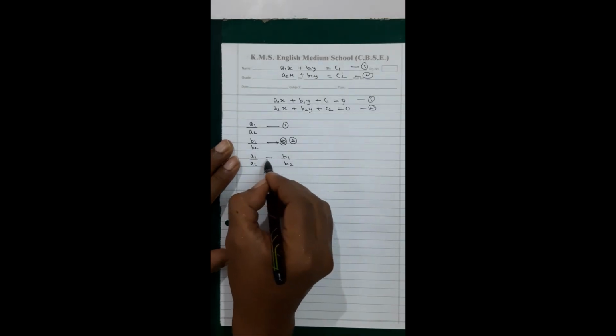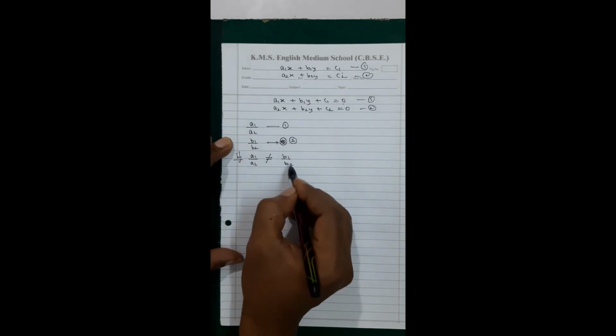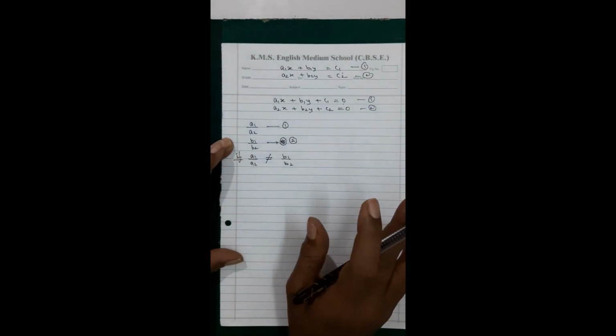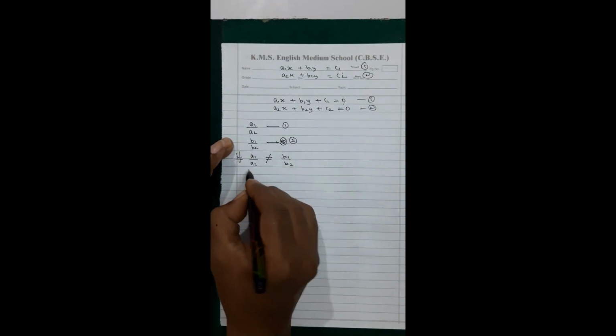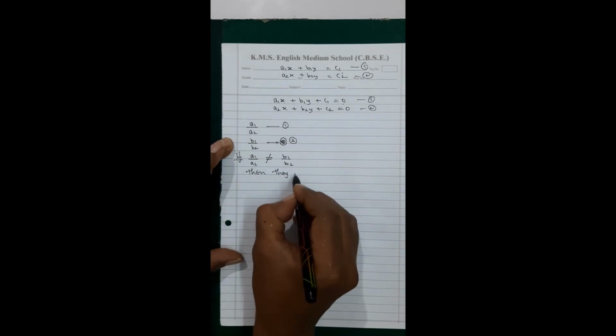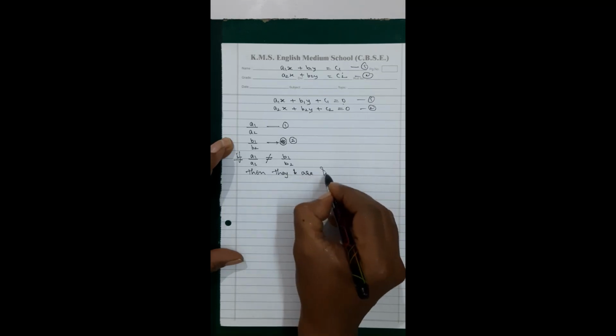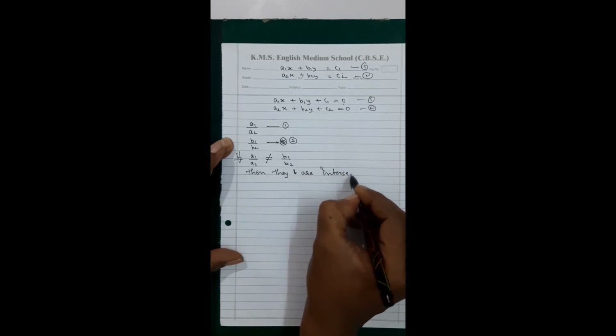If a1 upon a2 and b1 upon b2 are not equal to each other, then they are intersecting lines.